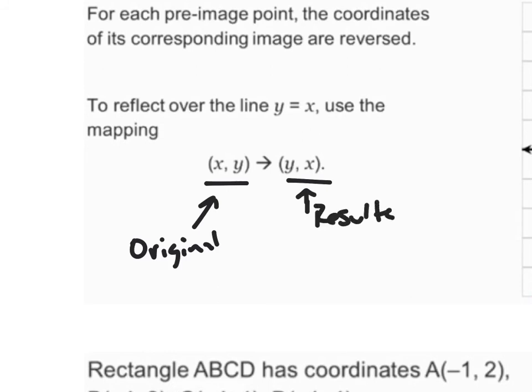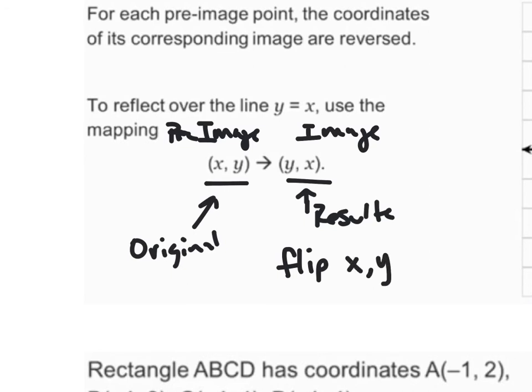And you could also call this the pre-image and the image, okay? And so, but what you should notice here is that all you do from one side to the other is you just flip the X and Y values to get new point.